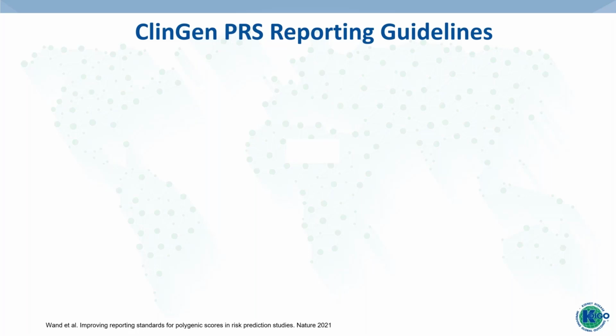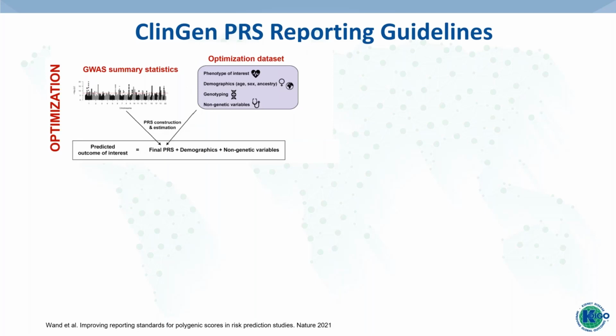So obviously, the development of polygenic risk scores requires robust GWAS, large enough to discriminate cases from controls. These GWAS summary statistics are used to develop the polygenic risk scores, but in order to develop the risk score, an independent optimization data set is needed.